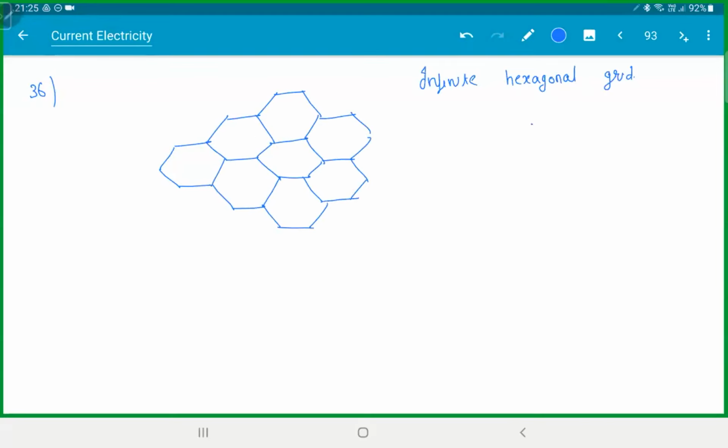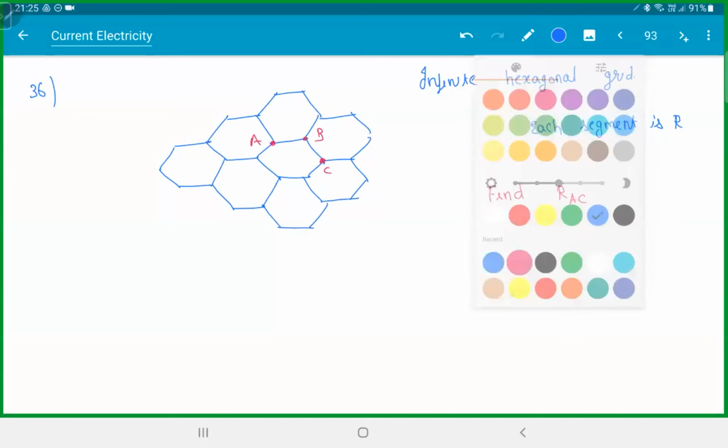Each segment is R. Find the resistance between this point A here and this point. Let's call this B and let's call this C. Find RAC, meaning you're putting the battery between A and C. Find the resistance of the system.